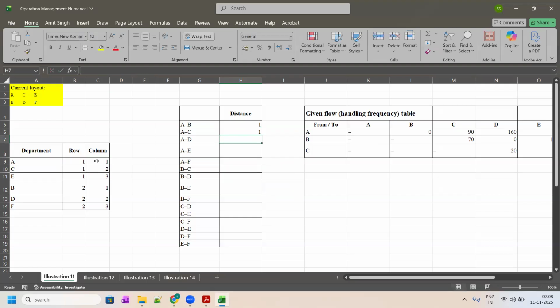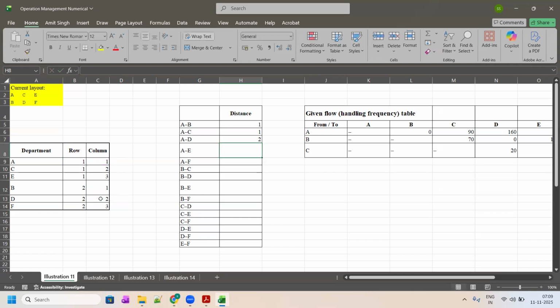Similarly, I can do A to D. 1 minus 2 is 1, ignore the sign, and here 1 minus 2, 1 plus 1, 2.